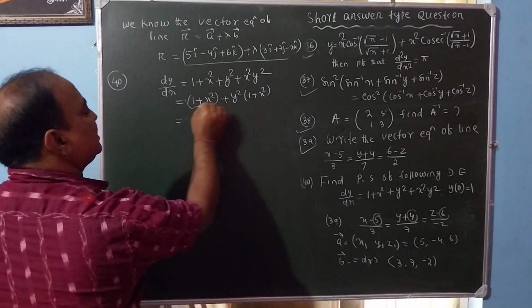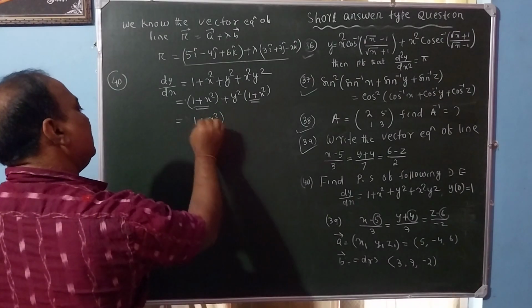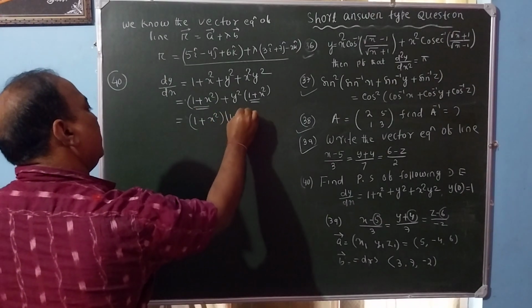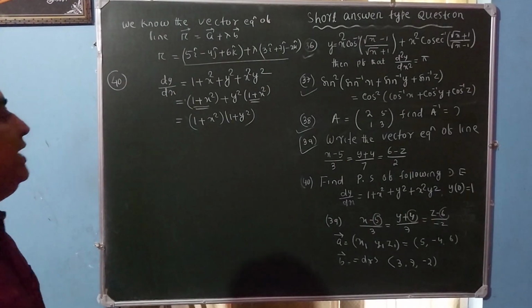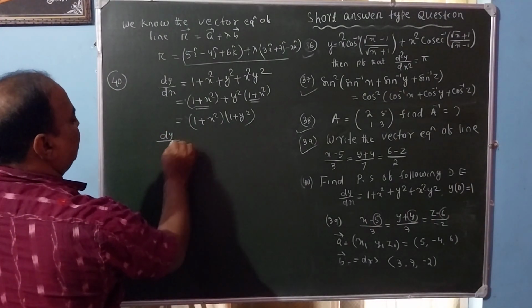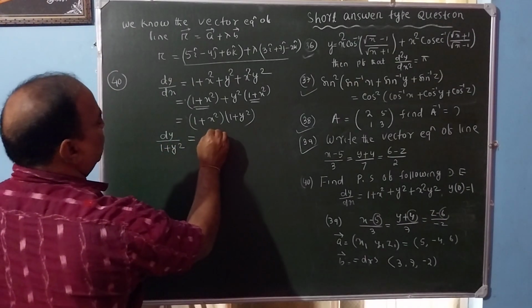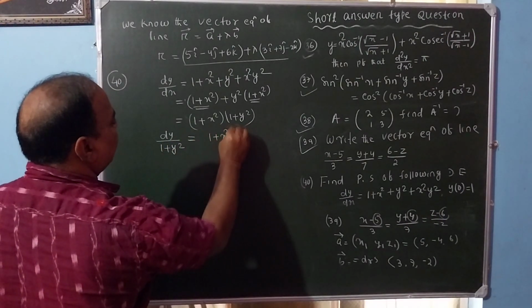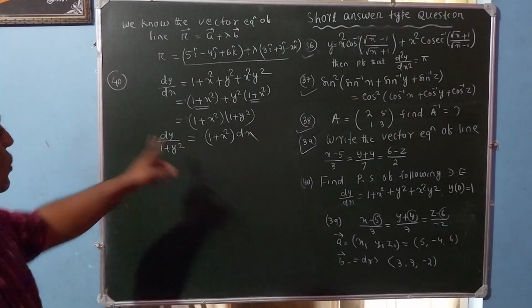So it is 1 plus x square whole into 1 plus y square. Now we have to separate the variables. dy by 1 plus y square is equal to 1 plus x square into dx. Okay, variables separated.